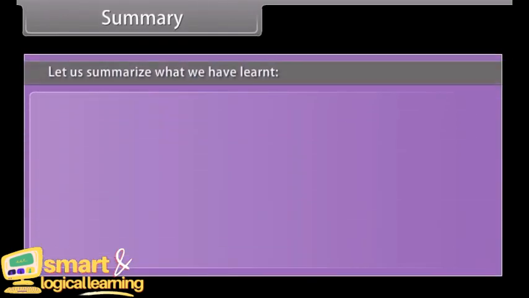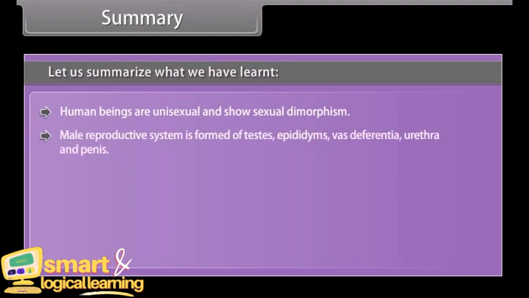Summary. Let us summarize what we have learned. Human beings are unisexual and show sexual dimorphism. Male reproductive system is formed of testes, epididymis, vas deferentia, urethra, and penis.